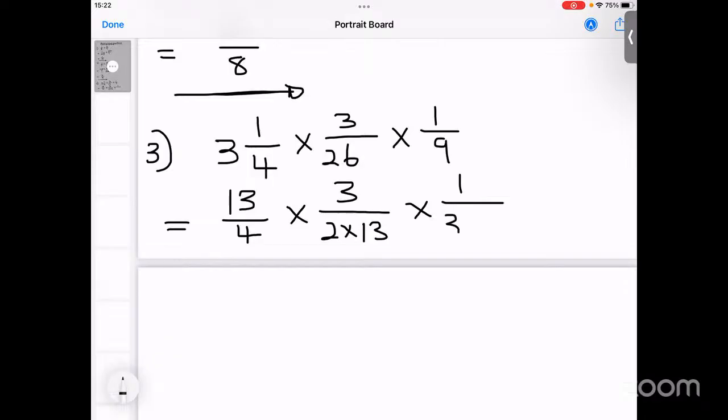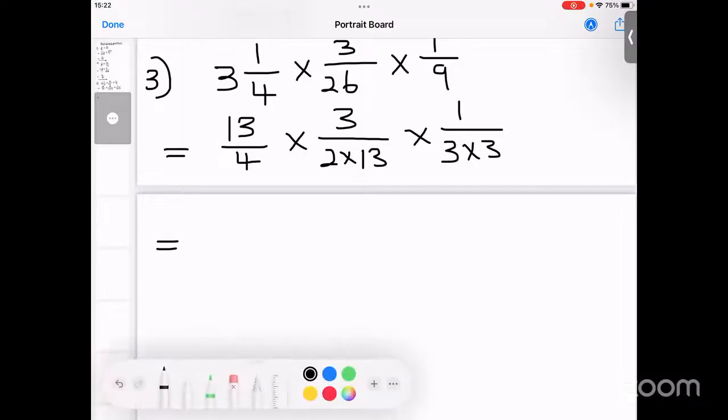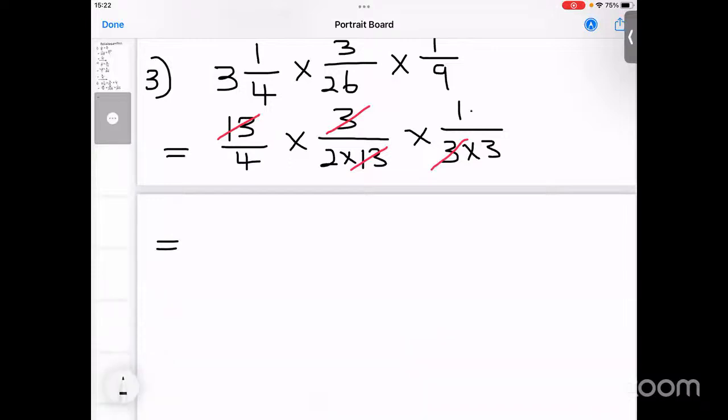Maybe for now, let's just break it down into that times that, just so that at least we can have some things canceling each other. So now let's see, the 13 definitely will cancel with that 13. Looks like that 3 cancels with that 3. And then you remain with this one being 1.